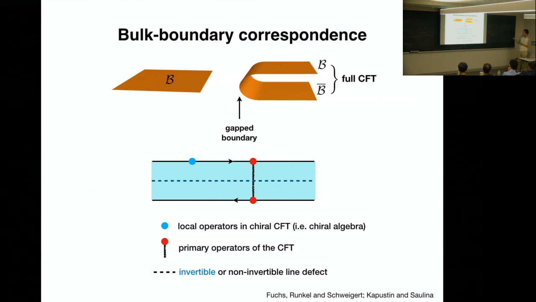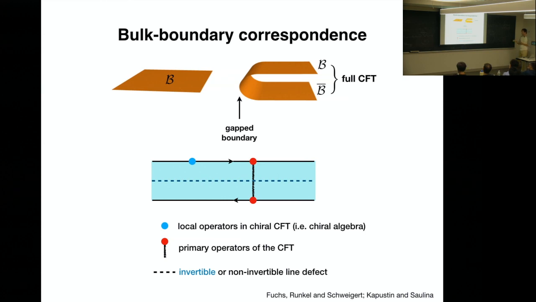Okay, but that's not the whole story, because now, because I treat this strip as a 1D system, I could tunnel an anyon from the top edge to the bottom edge. So these are the primary fields, basically, of the 1+1 CFT. That is, we can view it as a tunneling operator from top to bottom. Okay. But on top of all these, I could insert a defect line in the middle.